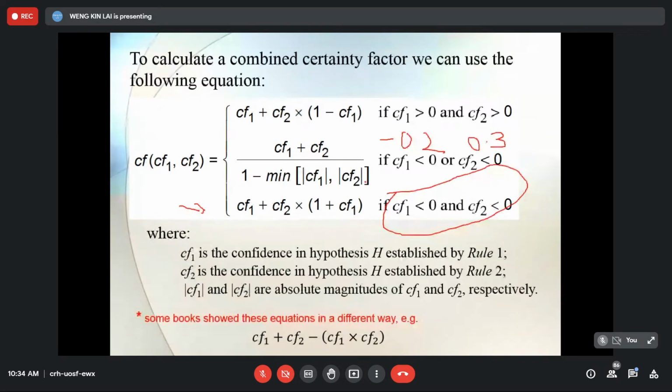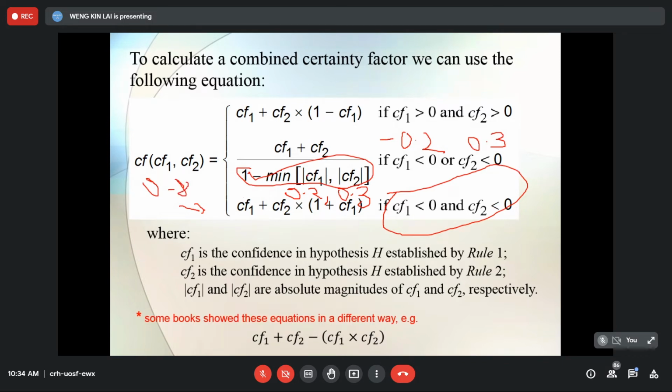If you take the magnitude, you will be comparing 0.2 against 0.3. The smaller of the two will be 0.2. So in this denominator, finally you get 0.8.